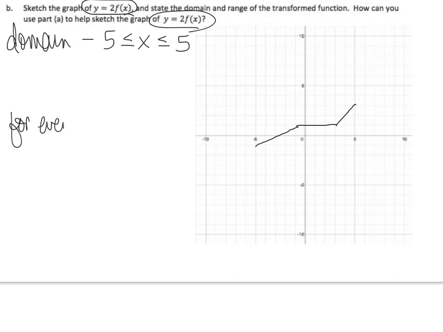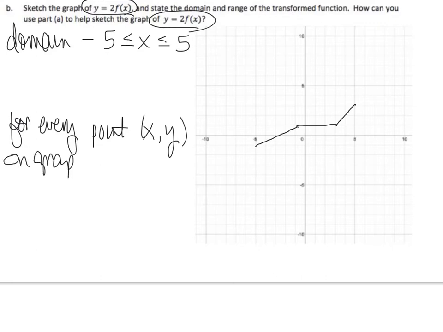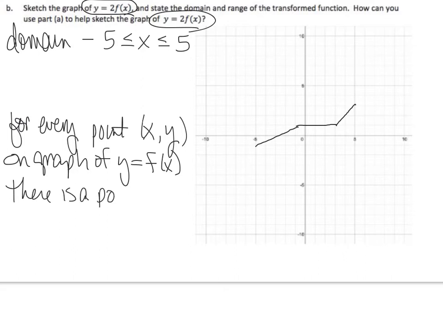For every point x, y on the graph of y equals f of x, there is a point x, 2y.